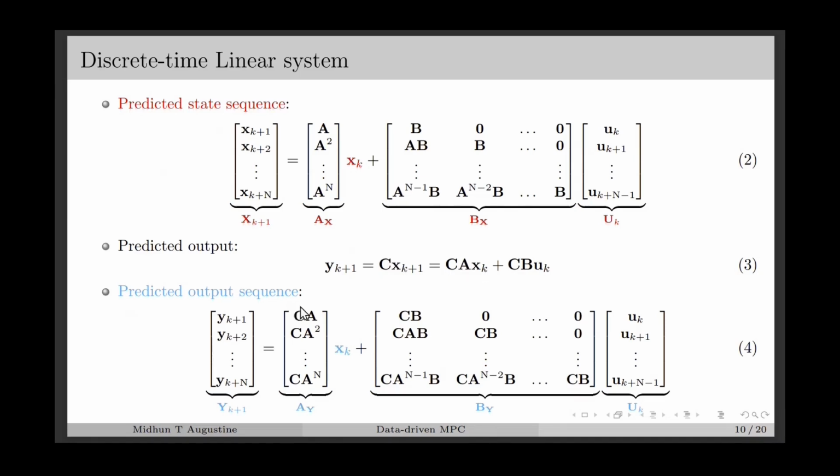Using this equation, we can compute the predicted output for the next N instances, and by recursively applying it we can compute all the outputs. Combining all these terms, we get the vector Y_{k+1} equal to A_y x_k plus B_y U_k. This equation will play a key role in output-based LMPC schemes.